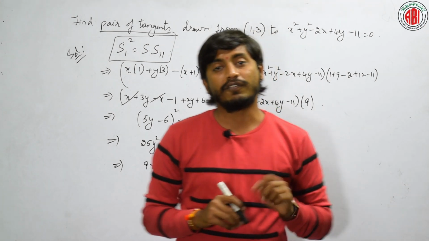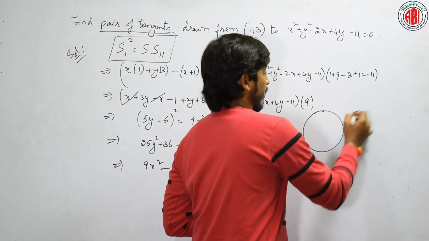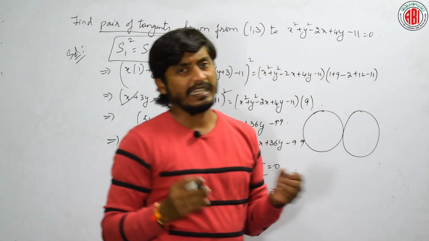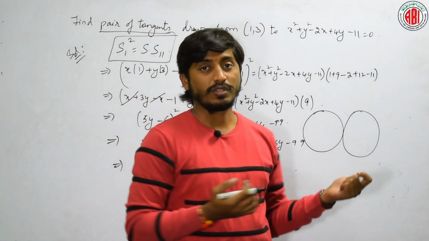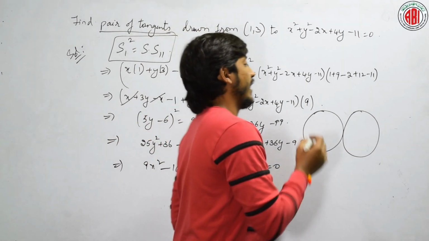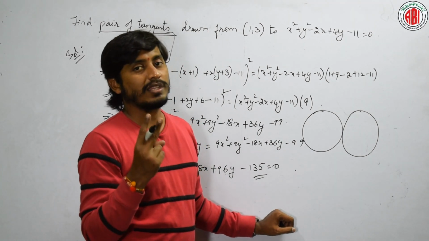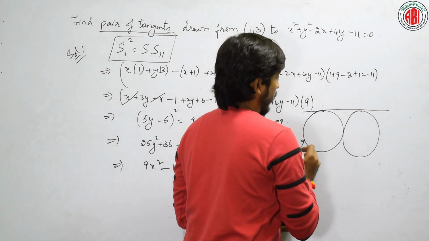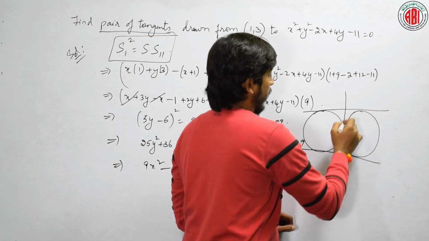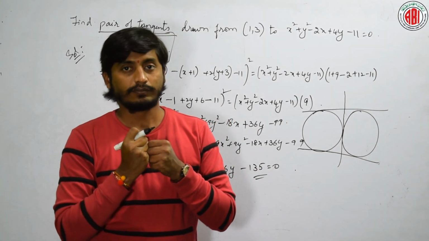In the next session, we will learn about two circles: how they interact with each other, whether they are touching each other internally or externally, and how many tangents they have. A tangent is a line which touches a circle, right. When we talk with respect to two circles, how many common tangents do we have? 1, 2 and 3, if they are touching each other, yes.